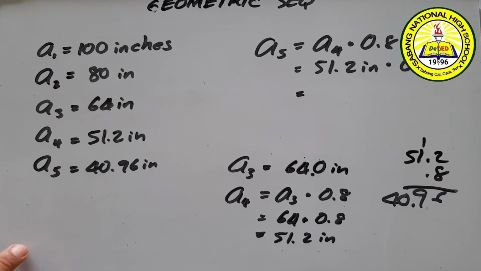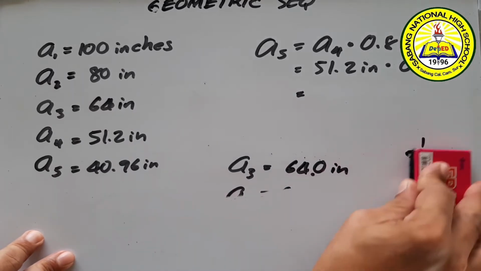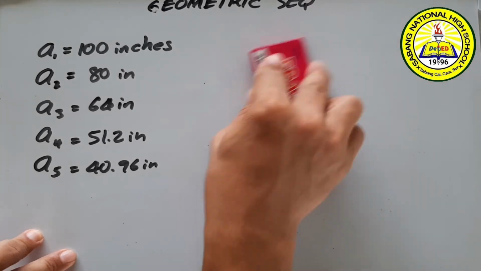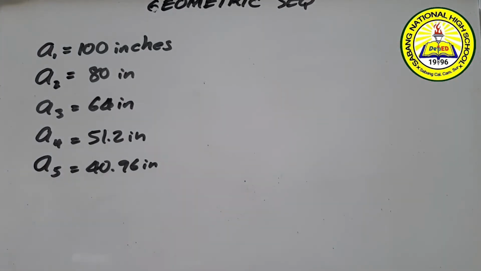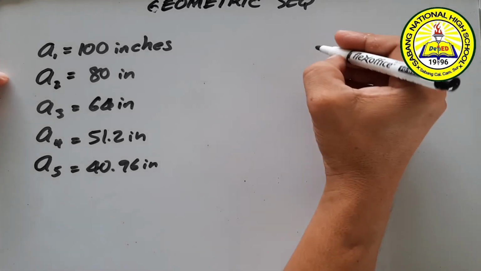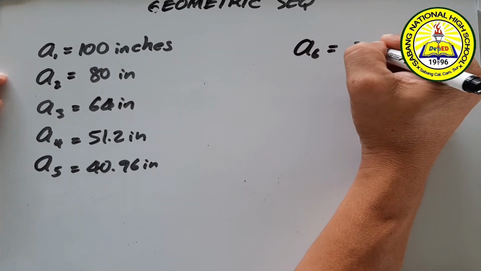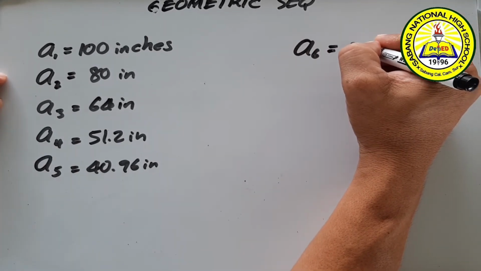above the ground. Okay. If you are going to notice, our formula becomes, let us say, we are going to find a sub 6. It is always that a sub 6 is preceded by a sub 5.